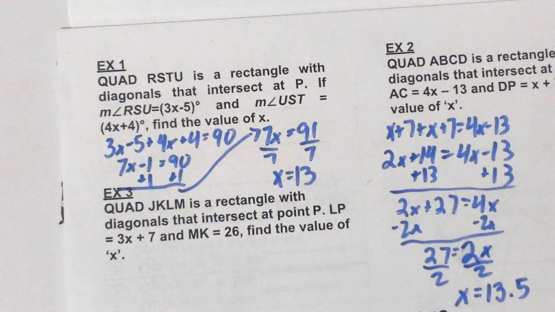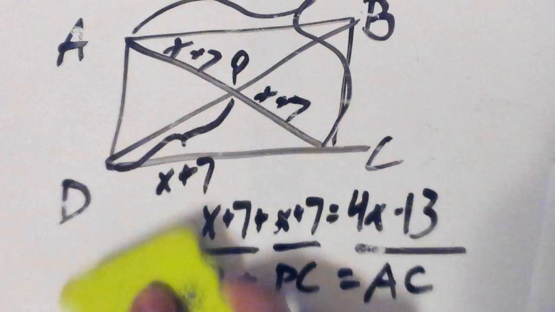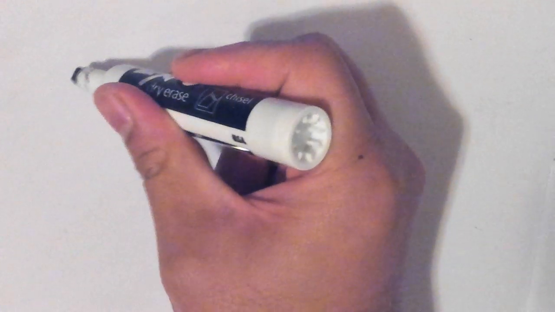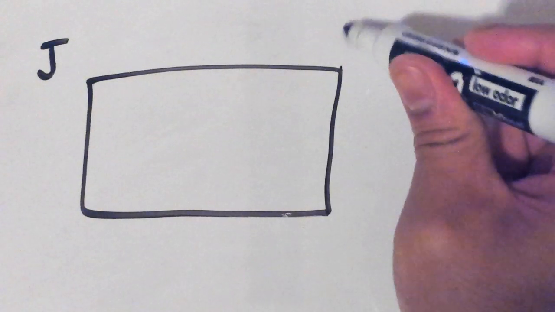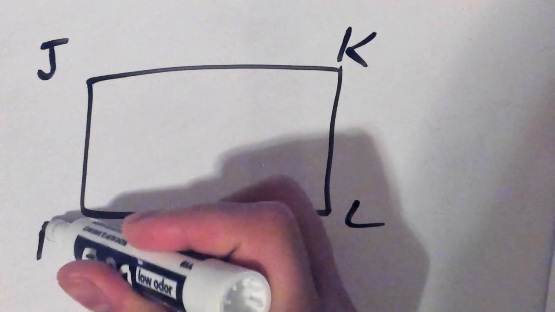Next example. Quad JKLM is a rectangle with diagonals that intersect at point P. LP equals 3x plus 7 and MK equals 26. Find the value of x. So again, let me draw a quadrilateral real quick. Okay, it's a rectangle, JKLM.